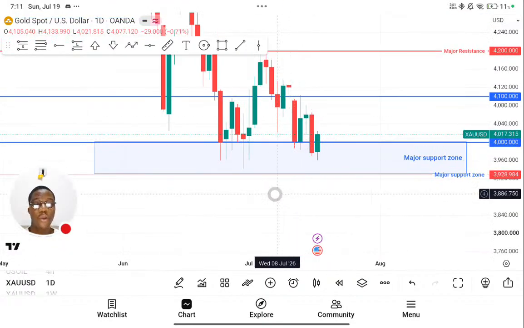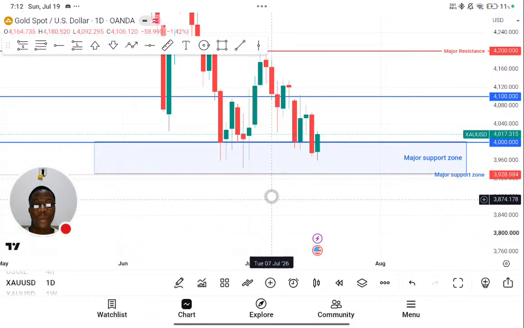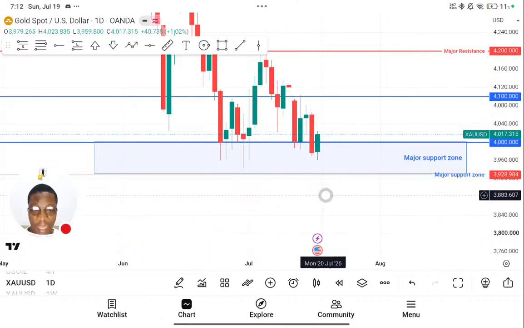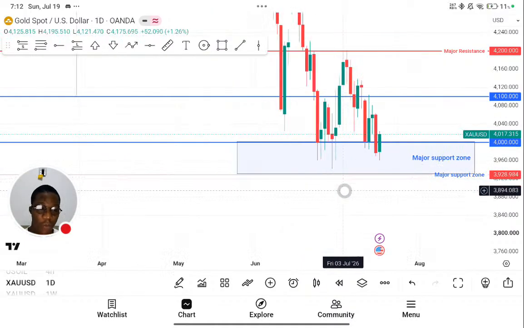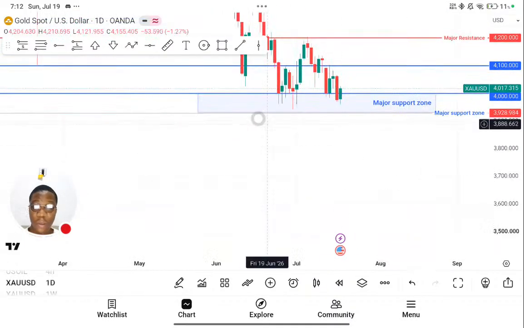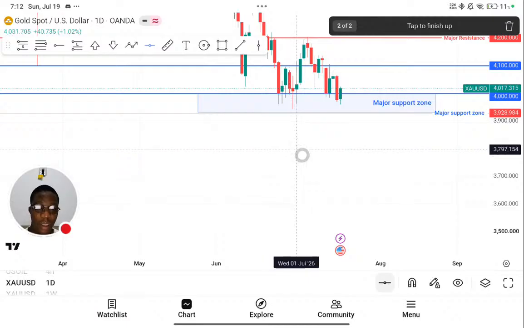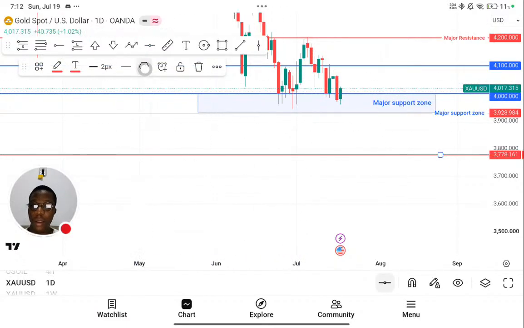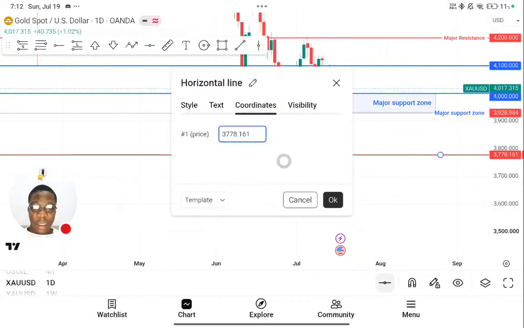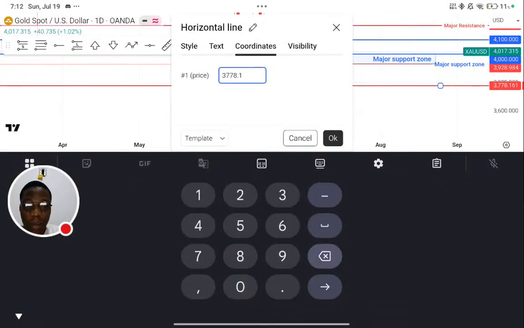The bearish move on gold is crazy. It is looking to break this level, and if price breaks it, price is coming down to 3,500. Mark this, because it's looking like that's what is wanting to happen.